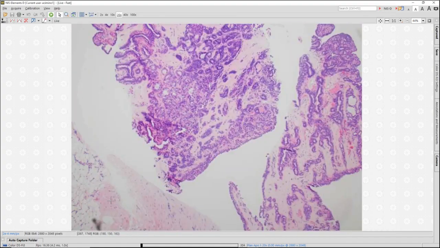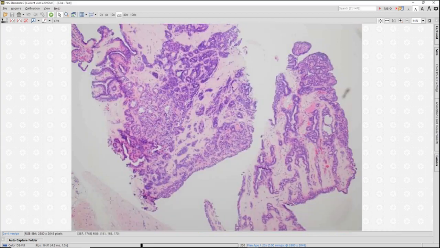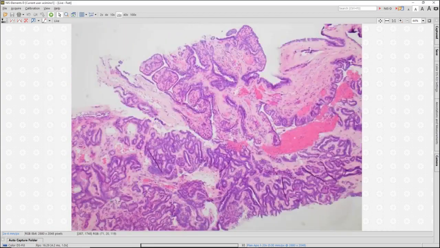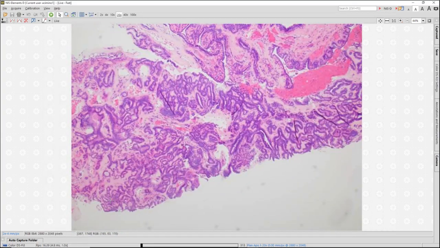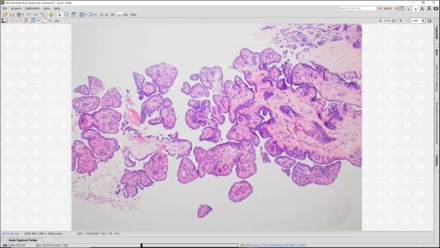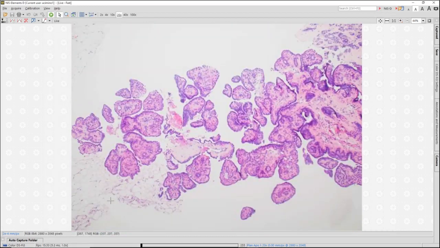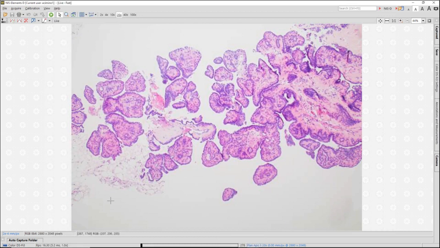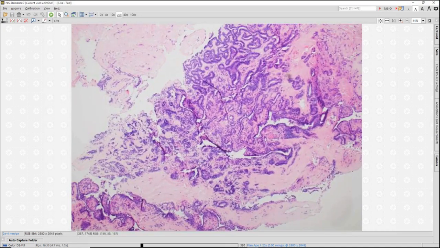And as we go to these other cores, here you see just fragments of the lesion that was within the duct space. So it can fragment and come out of the actual space. So what we see are these individual fibrovascular cores of these papillae, and we see in other areas more intact cores of tissue where the papillae appear to have fused, if you will, and almost appear to form a solid area.